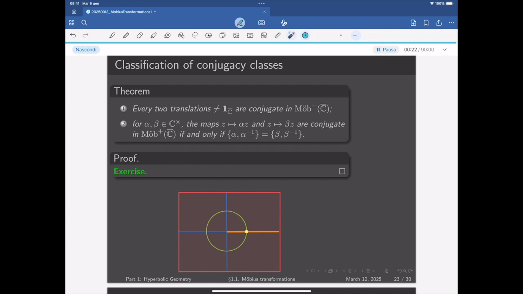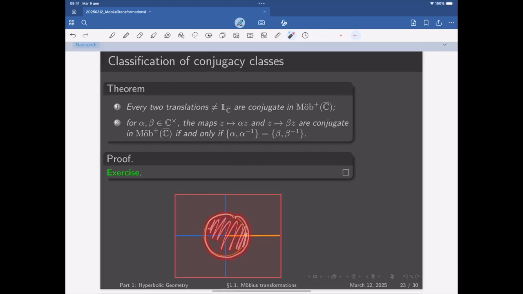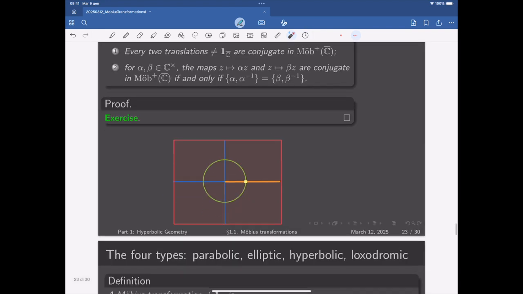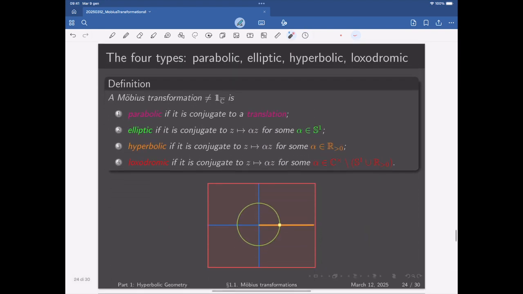And this means that the conjugacy classes of Möbius transformations are entirely represented by the closed unit disk minus the minus one if you want to exclude the identity, or just the closed unit disk, because the conjugacy class of the identity is just the identity. Okay, and I'm done.